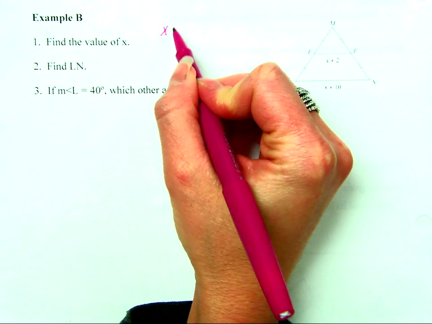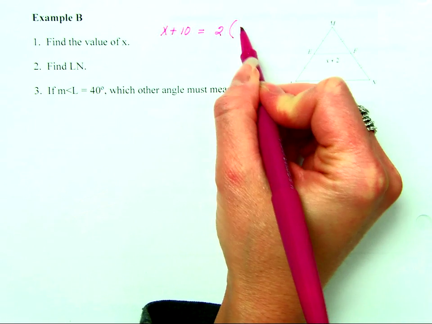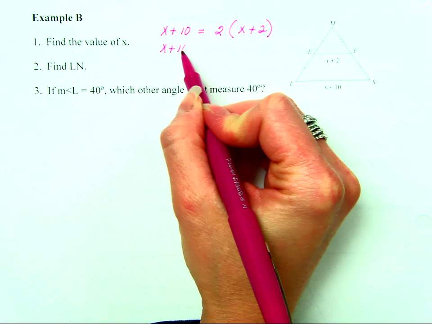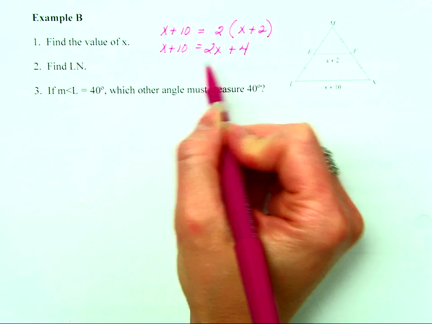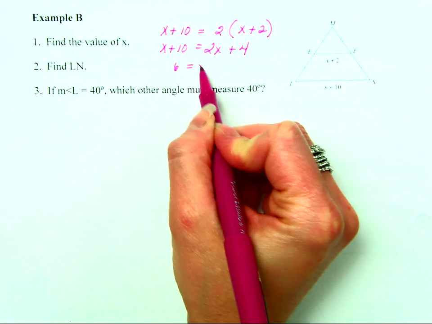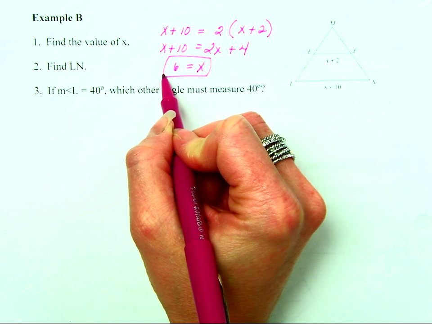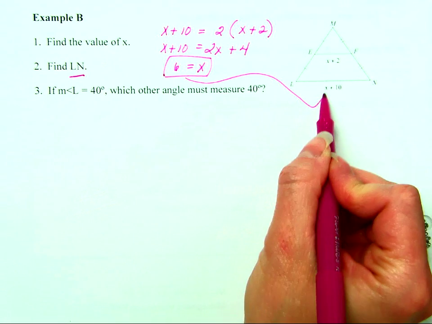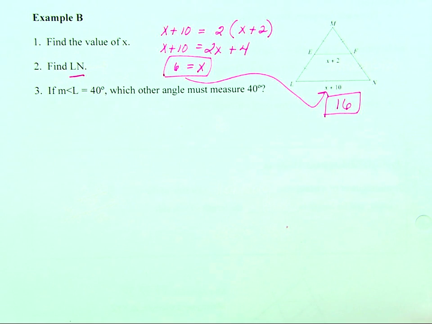I took my x plus 10 and knew that I would need to double the x plus 2. And then I solved for x. I found out that x is 6. So in question 2, when they want to know the value for LN, we can simply take that and plug it in. LN must be 16.